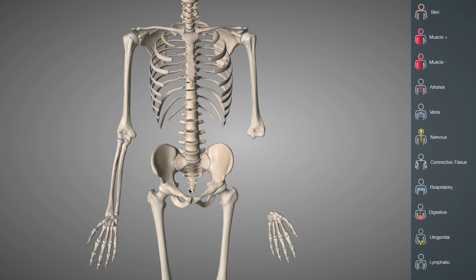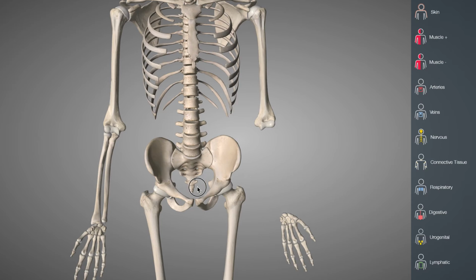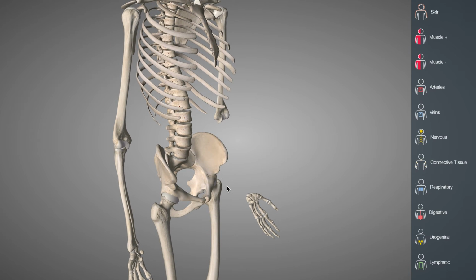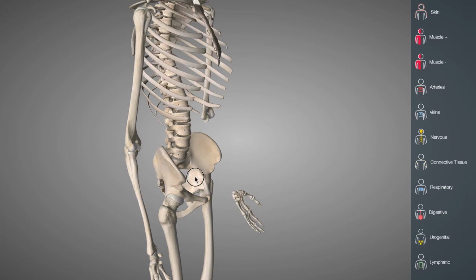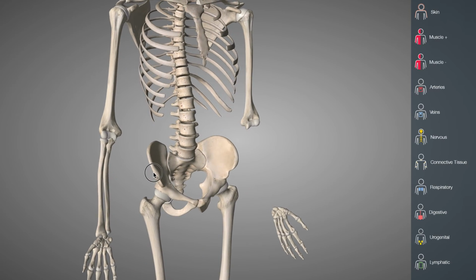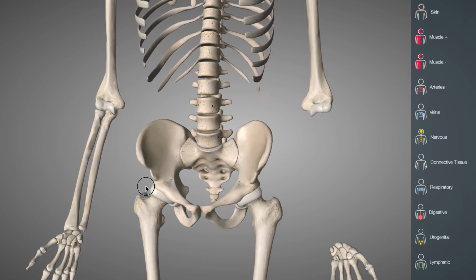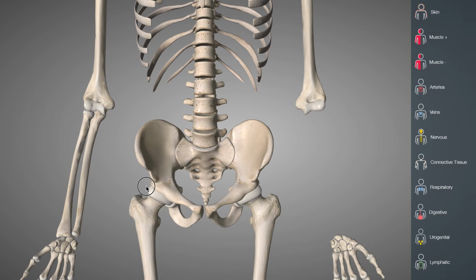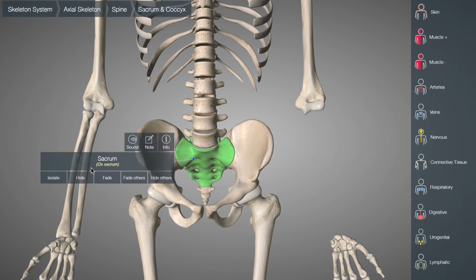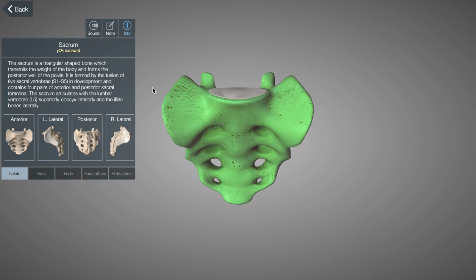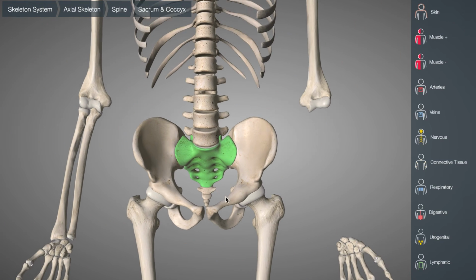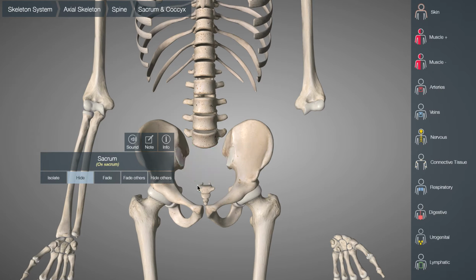Okay, so I'm going to go ahead and look at the quote-unquote pelvis. And I say quote-unquote because we don't really call this the pelvis in anatomy as much as we like to call it other things. So this bowl-shaped thing right over here we call the os coxa.